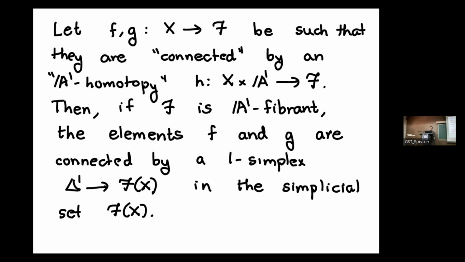The idea of this discussion is to give you some kind of an intuitive understanding, a geometric picture, of what this A1 fibrant approximation functor is supposed to do: it is replacing any A1 homotopy like this by a one simplex.